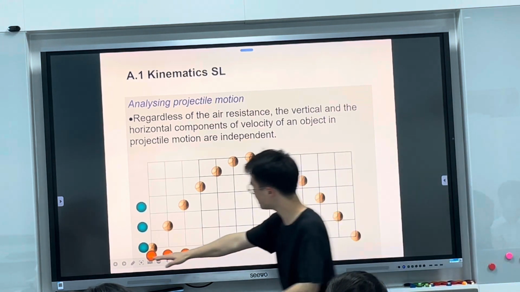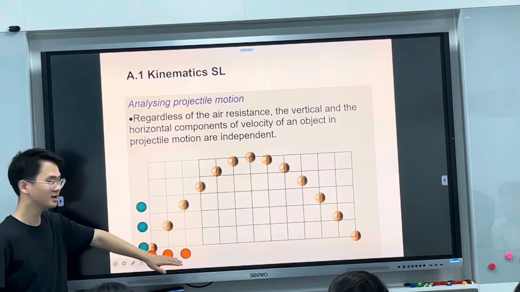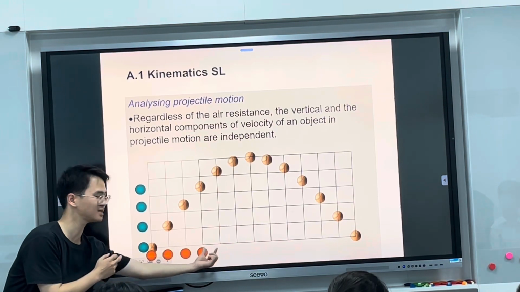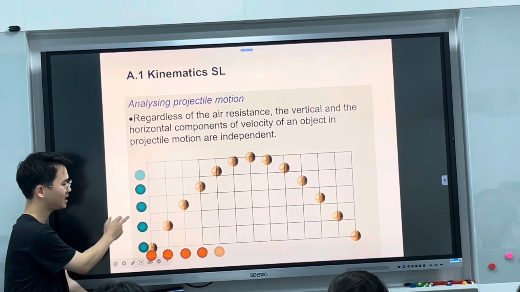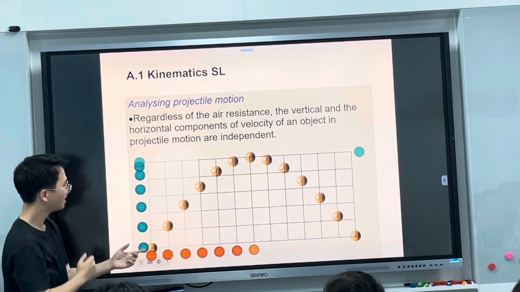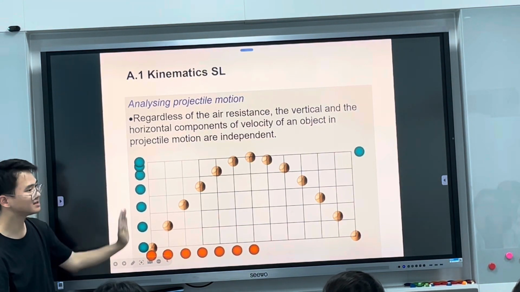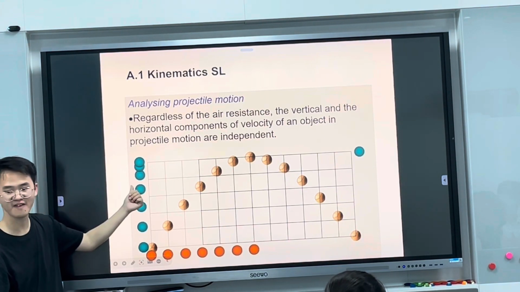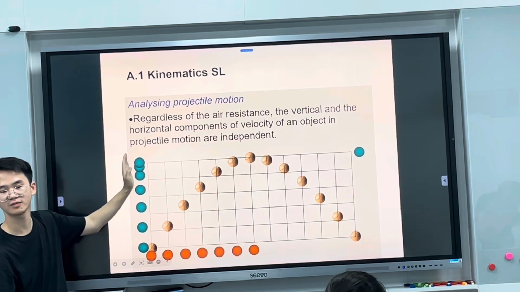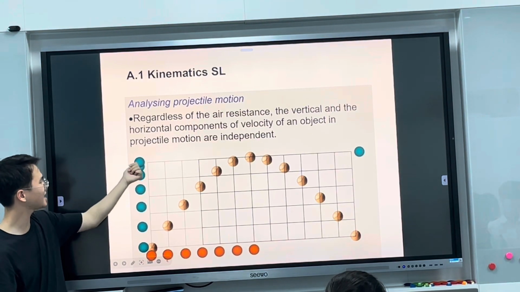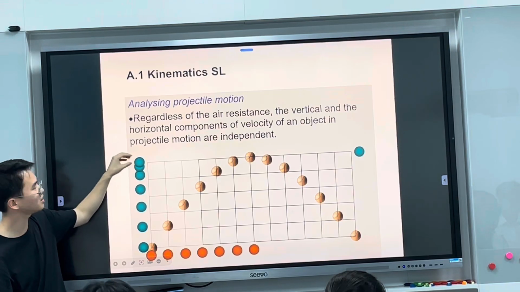And you see, this is the horizontal motion. Every time it moves forward the same distance, right? But vertically, at the very beginning, it goes up very fast, but it slows down because of gravity. So each time the distance gets shorter and shorter.